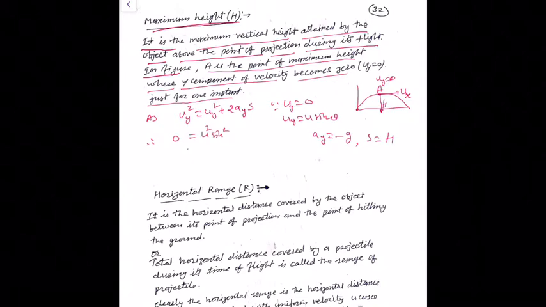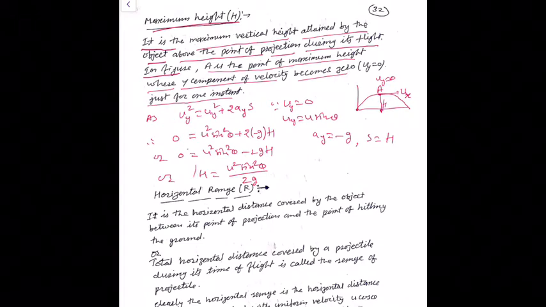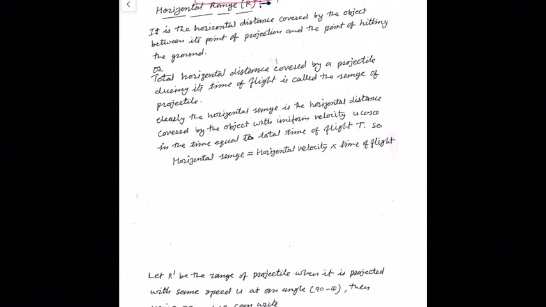Therefore, 0 is equal to U square sin square theta plus 2 into minus g into H, or we can write 0 equal to U square sin square theta minus 2gH, or we can write H equal to U square sin square theta upon 2g. It is the maximum height. Equation 5. Clear? Next.